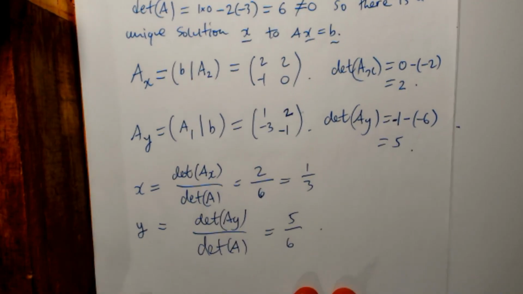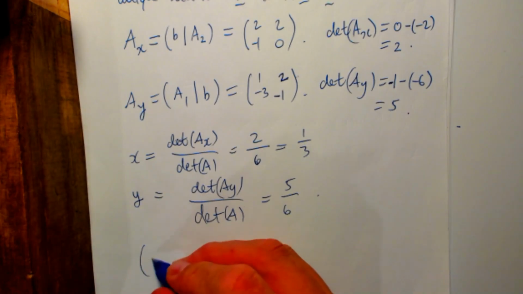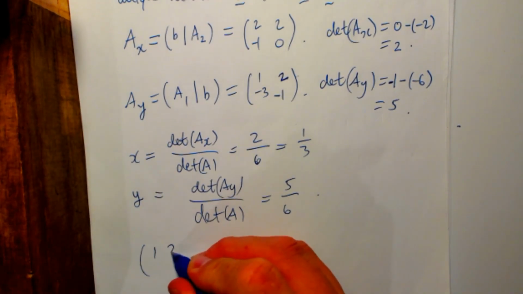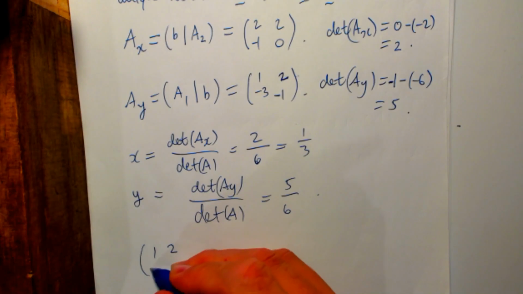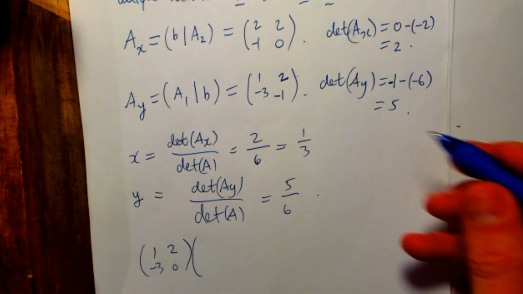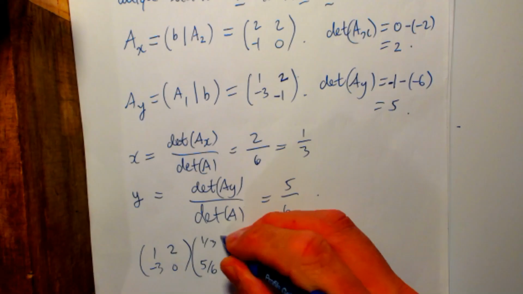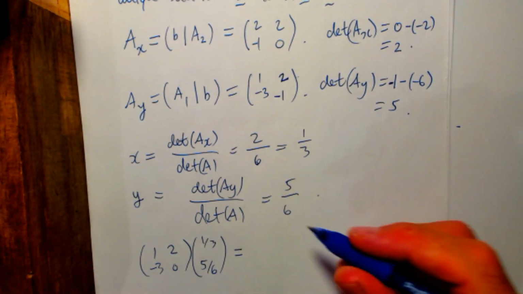Okay, now if you want to check, you can check. The way that you would check would be to multiply the matrix A by x, which we found was 1/3 and 5/6. Okay, do we get b?